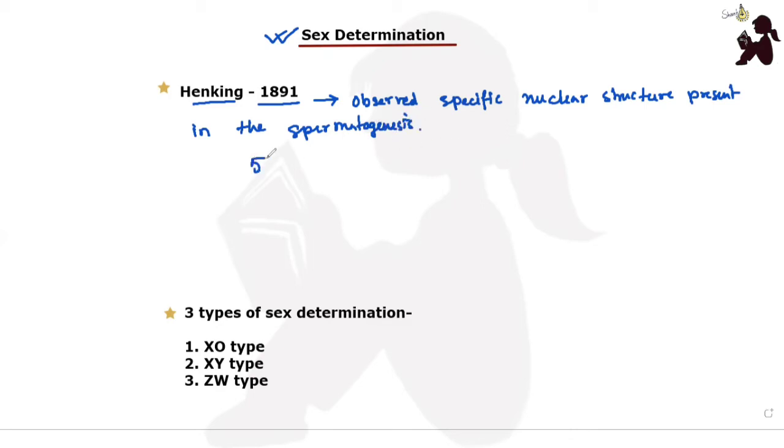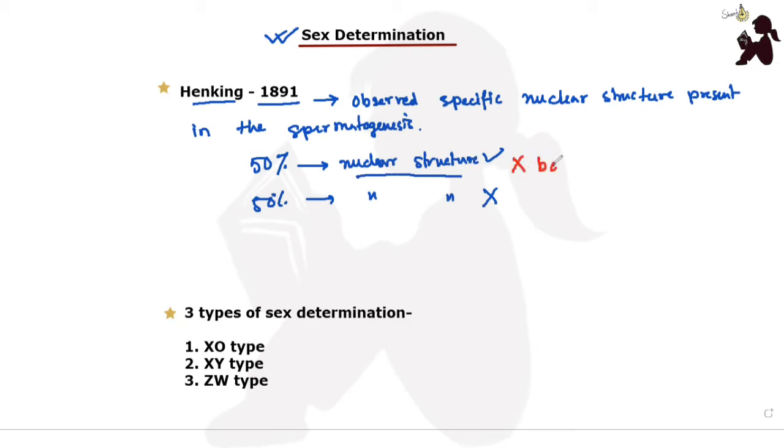In 50% of the cells the nuclear structure was present, and in the other 50% the nuclear structure was absent. He termed the nuclear structure the X body.